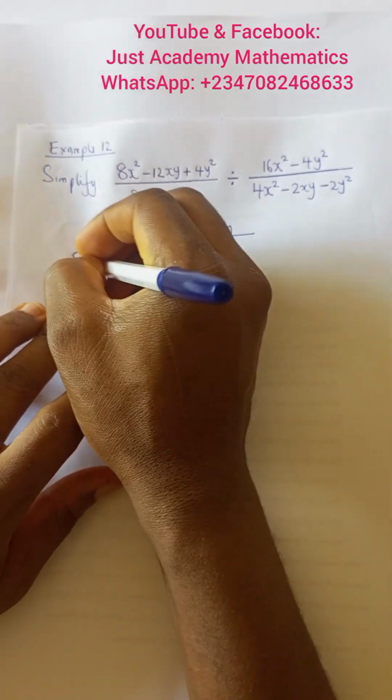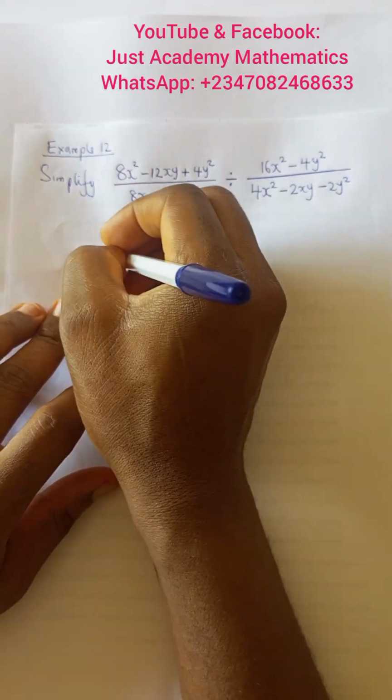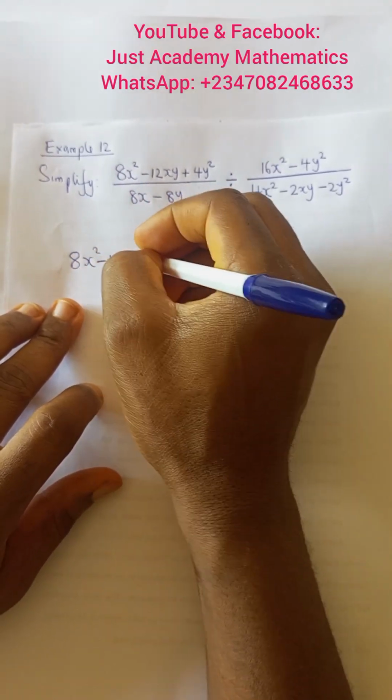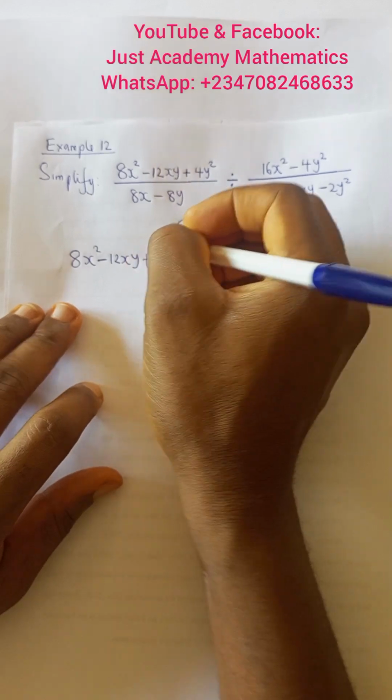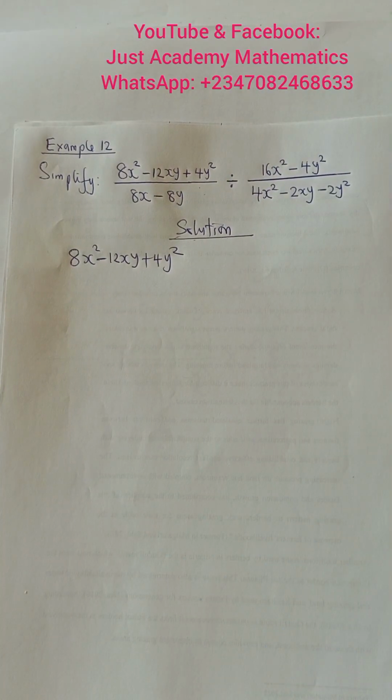That is 8x squared minus 12xy plus 4y squared. Add to give us 12, times to give us, that will be, is it 8 times 4 now? 8 times 4, yes, which is 32. So we need two numbers that add to give us 12 and multiply to give us 32.